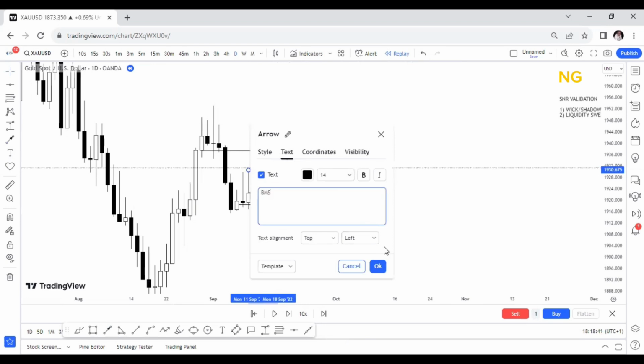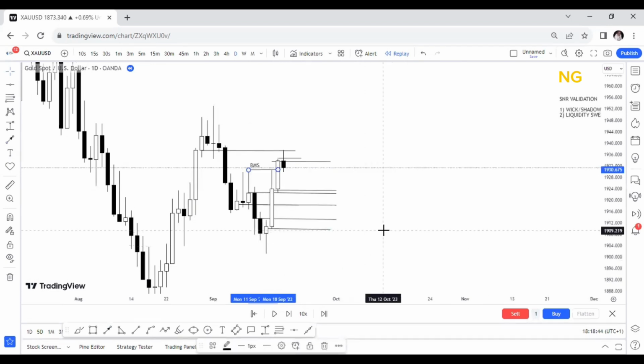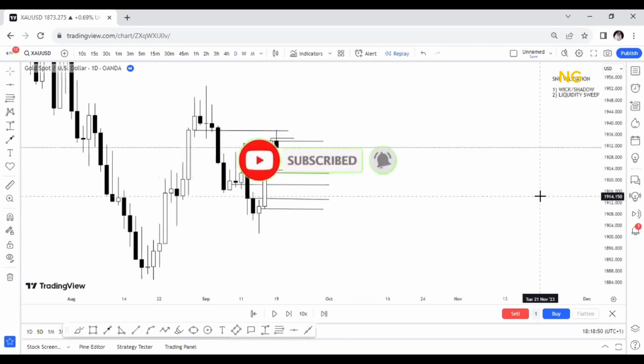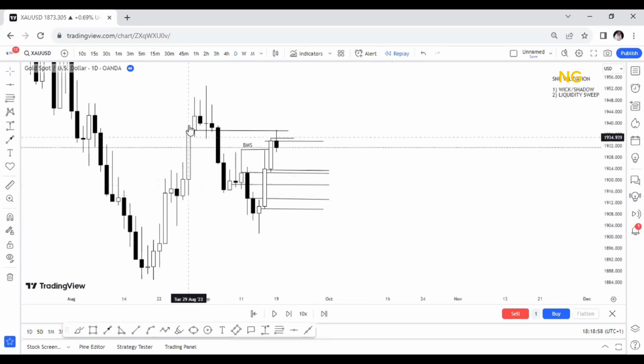Some people will tell you that whether you like it or not, ICT will help you in this regard, which the Malaysian do not even lay emphasis on. But it helps a lot. It helps you to be very deep in your analysis. Because this place is a BMS, price must come down.